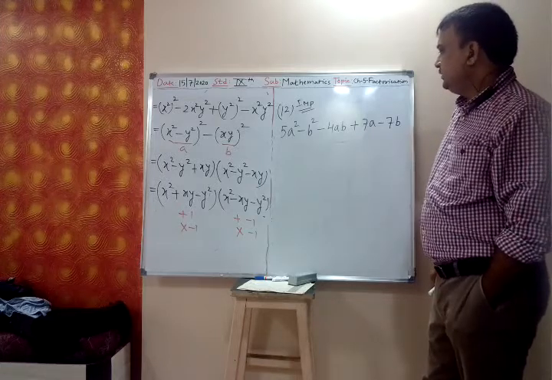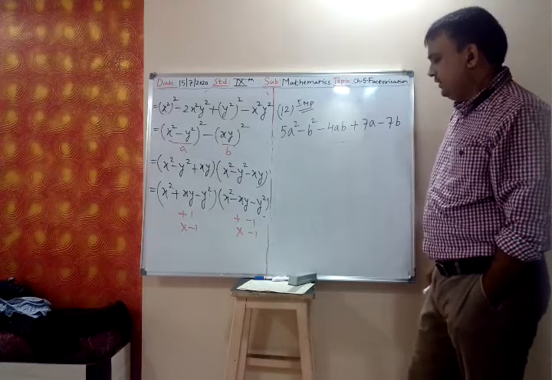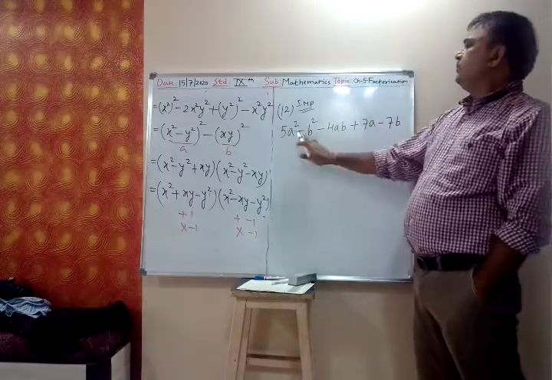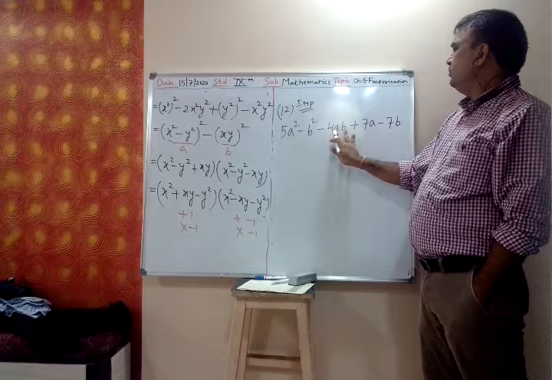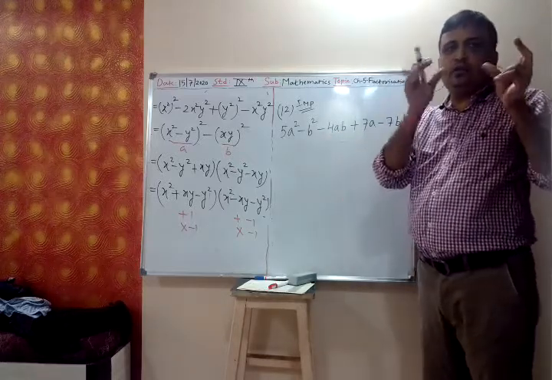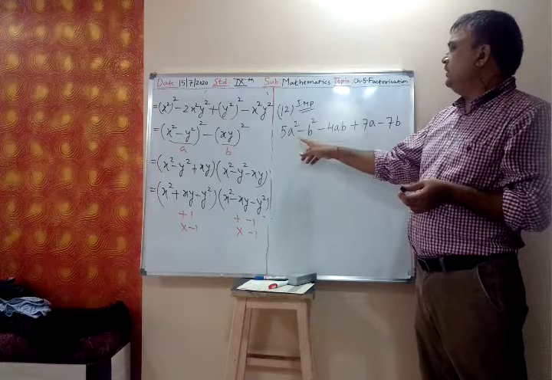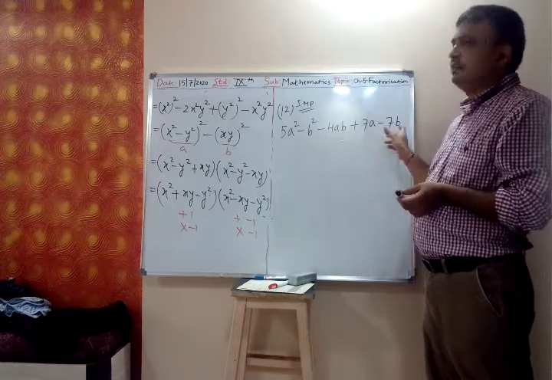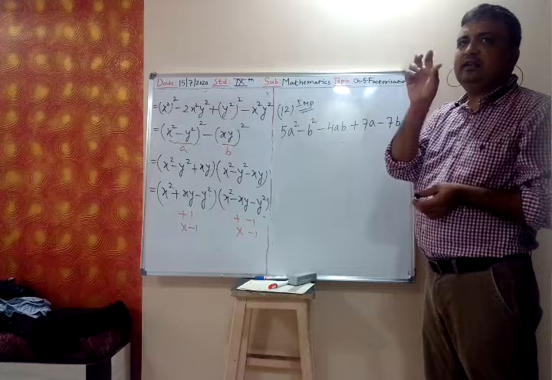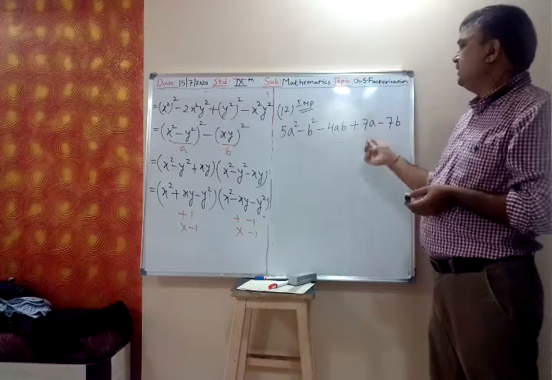Is it clear? So: 5a square minus b square minus 4ab plus 7a minus 7b. If you do the grouping, how many terms are there in total? 1, 2, 3, 4, 5. So you take 3 terms together and 2 terms together.